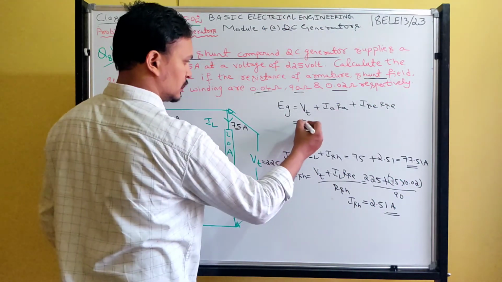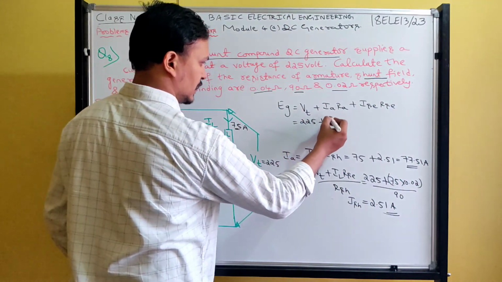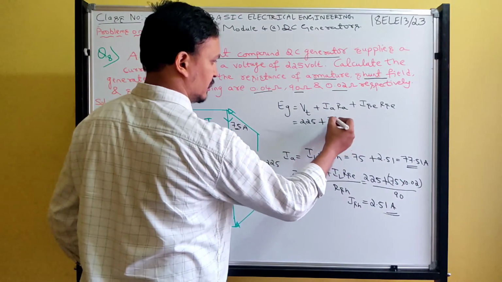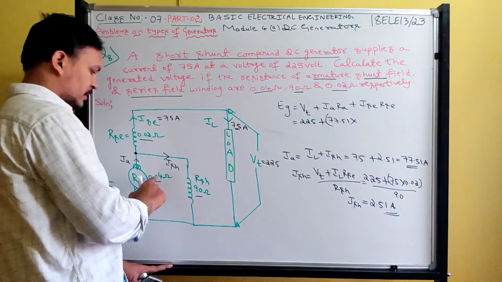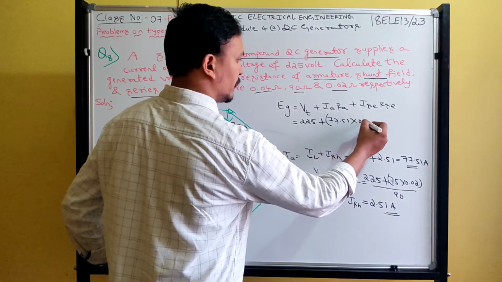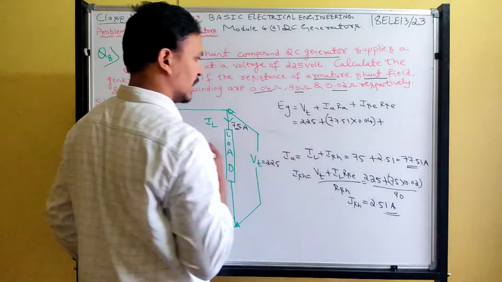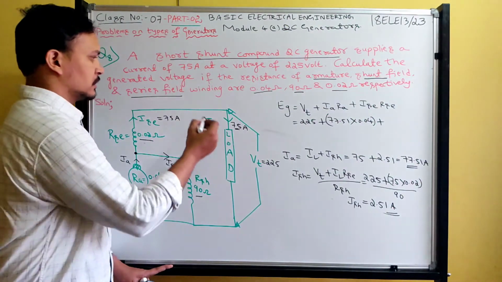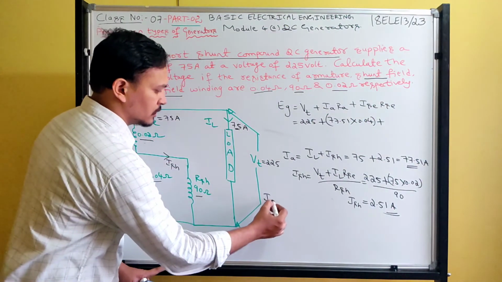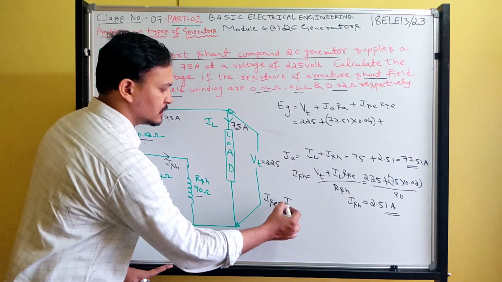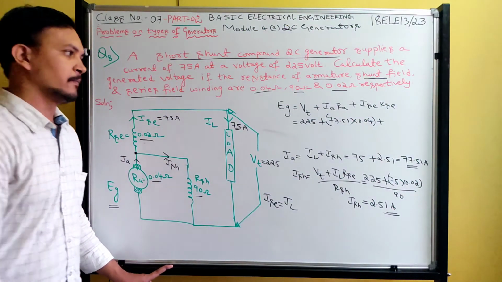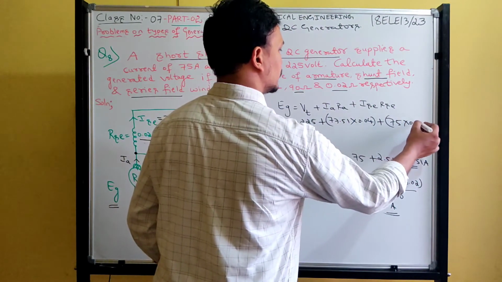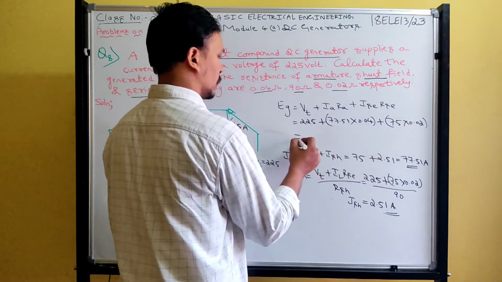What is Vt? 225 plus what is the armature current? 77.51 into what is the armature resistance? 0.04, plus, and what is ISC? In a short shunt compound generator, ISC is equal to IL only. So that is 75 into the series field resistance 0.02.